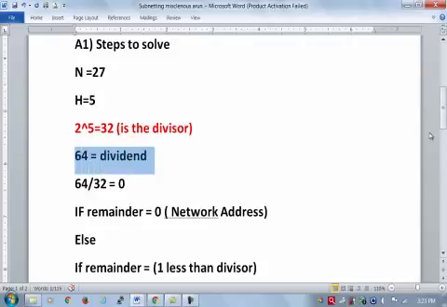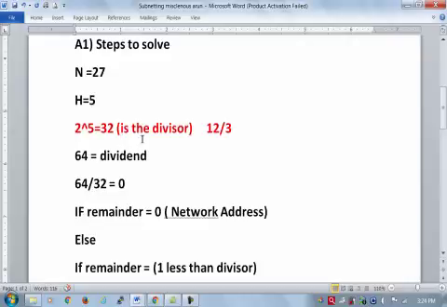So I have a divisor and a dividend. Just for a simple explanation, take 12 divided by 3: the 3 is the divisor and the 12 is the dividend. Then I have something called the remainder and the quotient. This is pure maths.